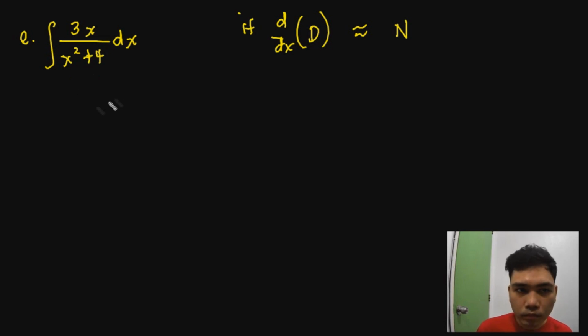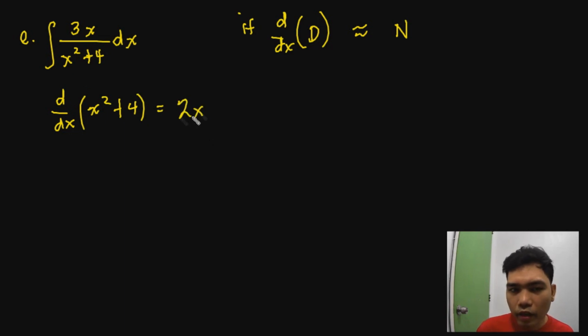Okay, so knowing the derivative of your denominator, if you execute differentiation on the denominator, we could say that this is actually 2x. And if this is 2x and we want to have 3x, what we have to do here is to pull out 3 first.